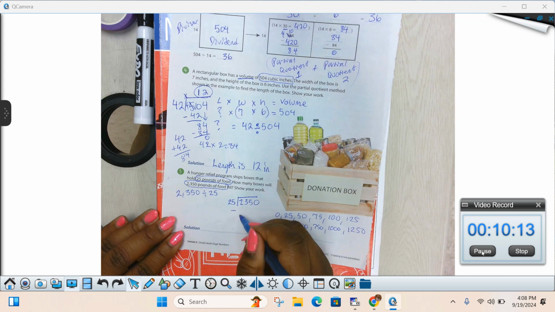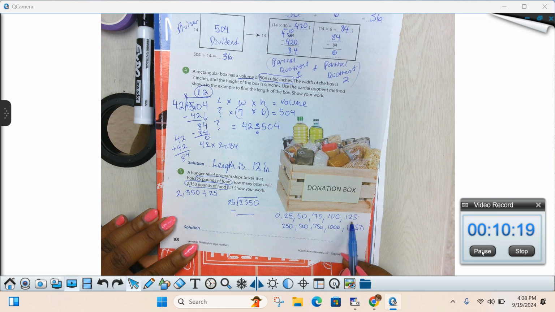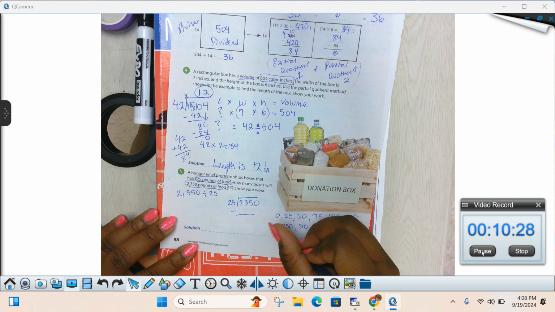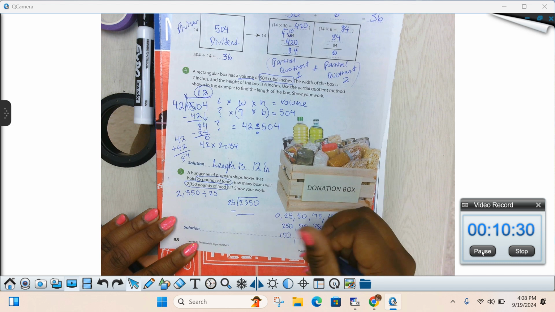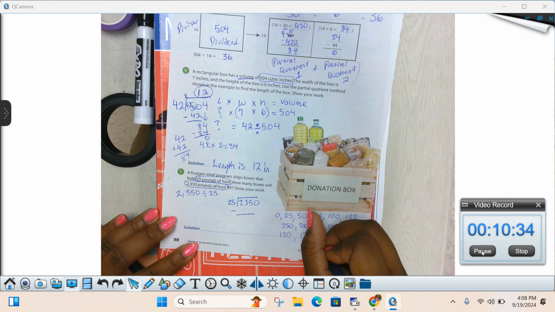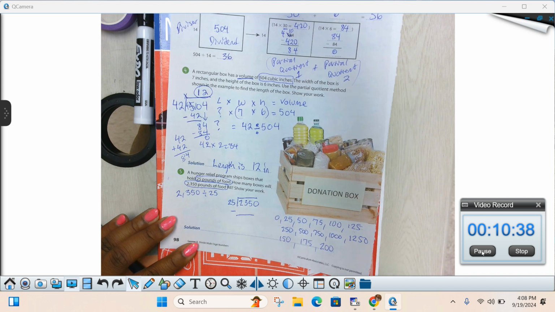I cannot do the 23, so I'll have to do 235. 235. I'll have to go with a number such as 125. No, I could go a little bit higher than that. 150, 175, 200.